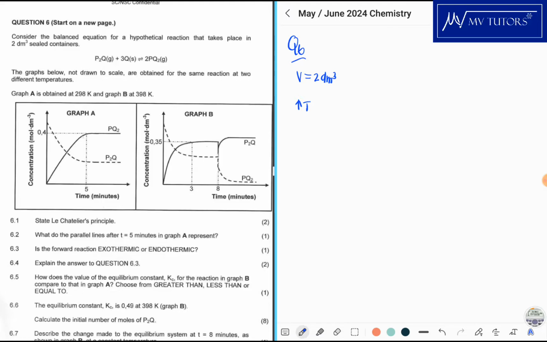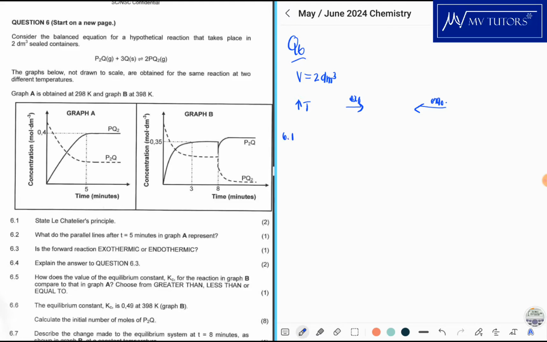Basically what that tells me is that the forward reaction is not in favor of an increase in temperature. The reverse reaction is in favor of the increased temperature. So that means the reverse reaction is endothermic, and the forward reaction is exothermic, because of the concentration that we see for graph B being less.